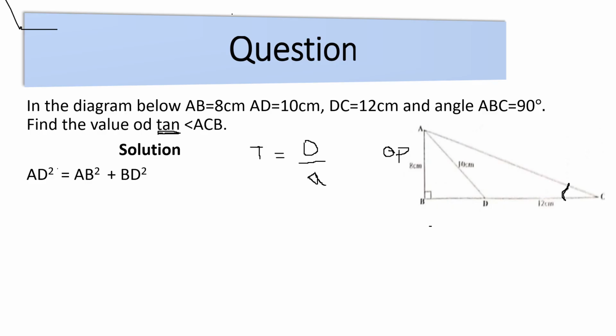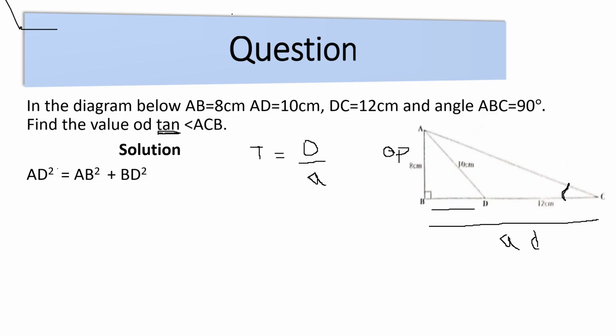And our adjacent should be this line from B up to C. Our adjacent is made up of BD and DC, and DC is 12 cm, whilst BD we don't know, meaning we have to find BD, then add it to 12.